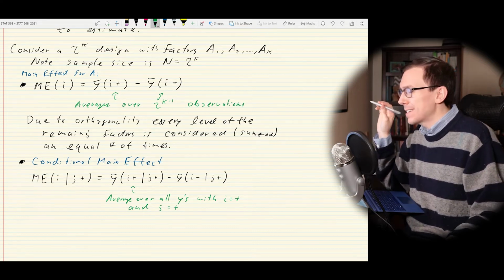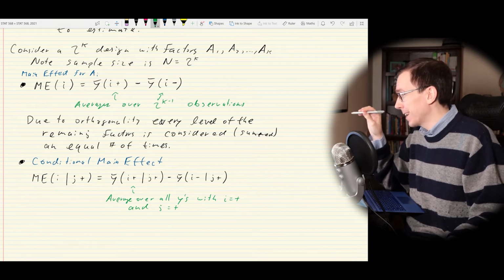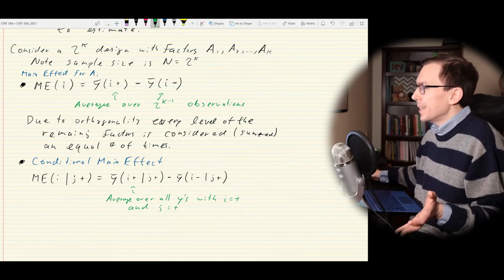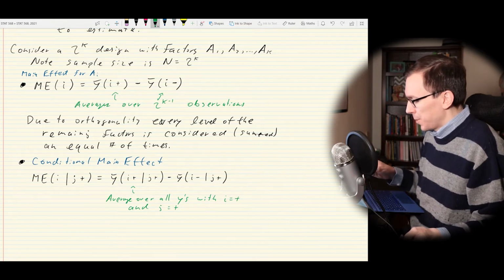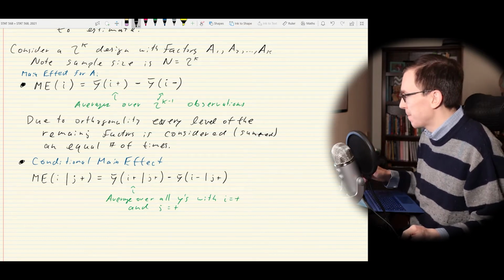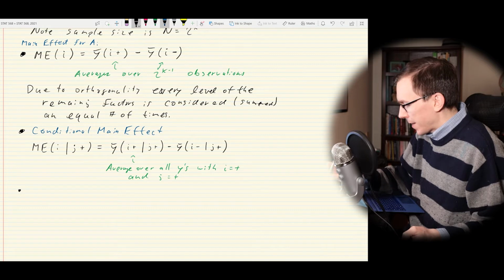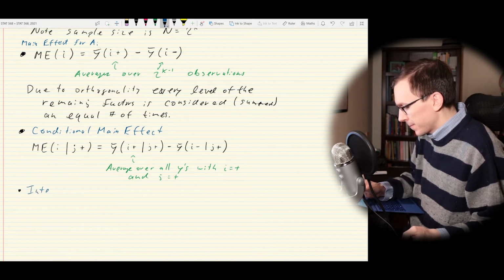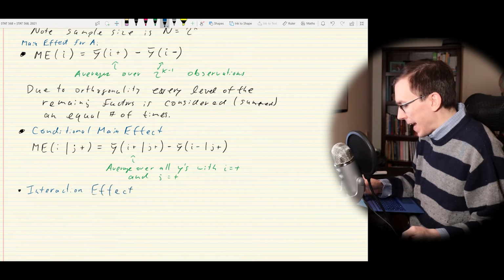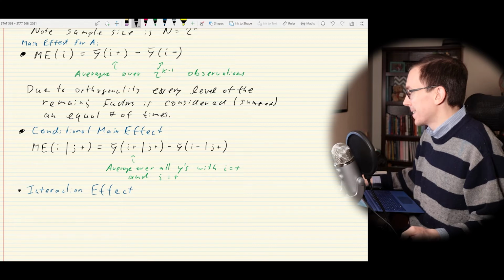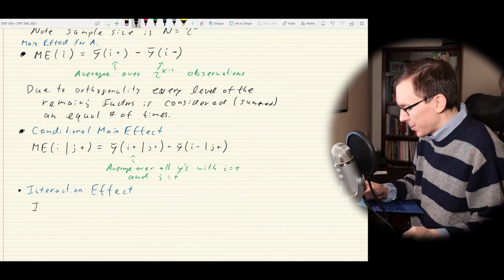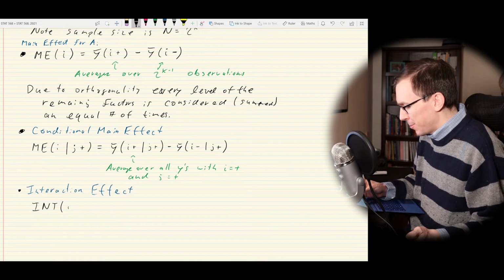So this is going to lead us to the idea of an interaction effect. But effectively what we're doing here is just a conditional version of our main effect, with the goal that we can eventually get to the idea of an interaction effect. So the interaction effect is what? Well, we're going to start with the interaction effect for two factors, which I'm going to write as int, for lack of a better notation, between I and j.